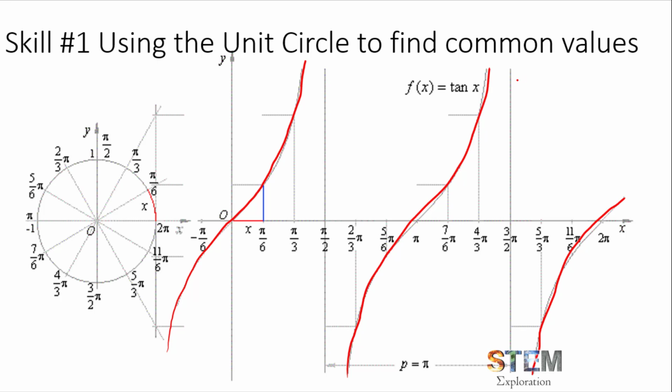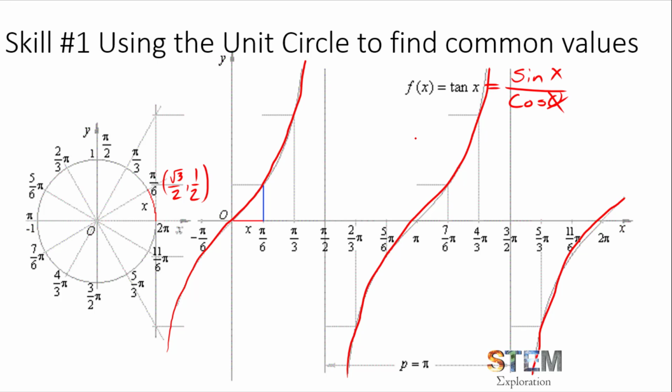But one of the things that you should know about a tangent function that we have talked about previously is that a tangent function is equal to the sine of x over the cosine of x. So it's actually a ratio or a slope between the two. And so if we look at the tangent of pi over 6, using the unit circle and the x and y coordinates, you know that x would be the square root of 3 over 2 and that y would be 1/2.